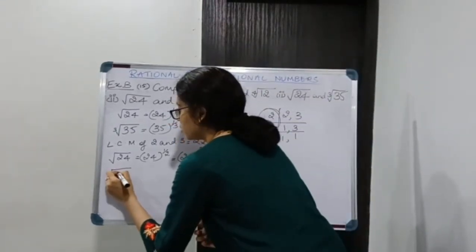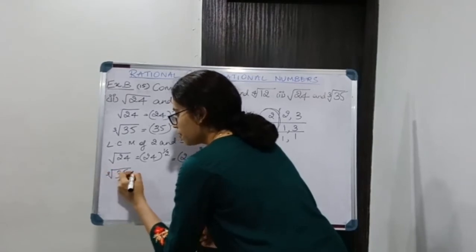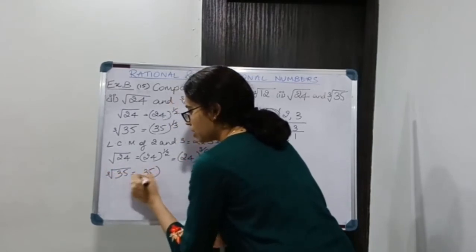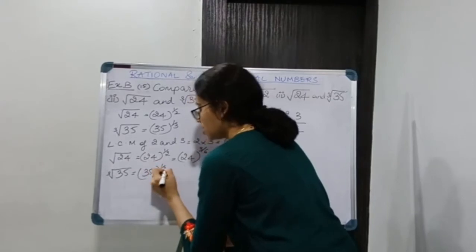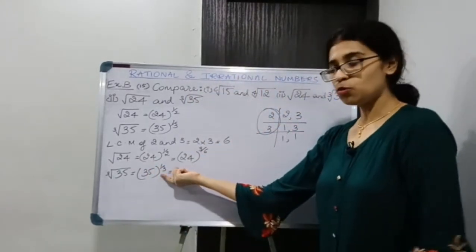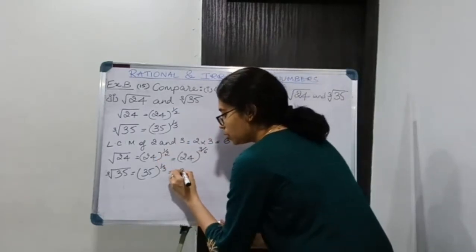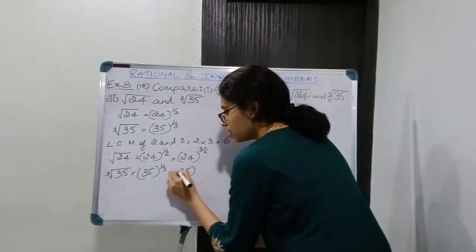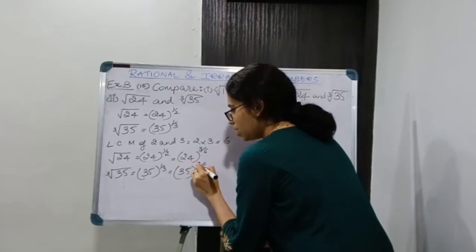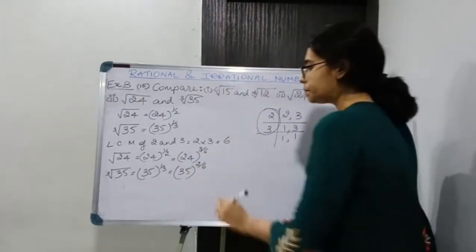Over here, cube root of 35, so 35 raised to 1 by 3. I have to multiply it by 2 to make it 6. So in the numerator also I'll multiply by 2. So 35 raised to 2 by 6.